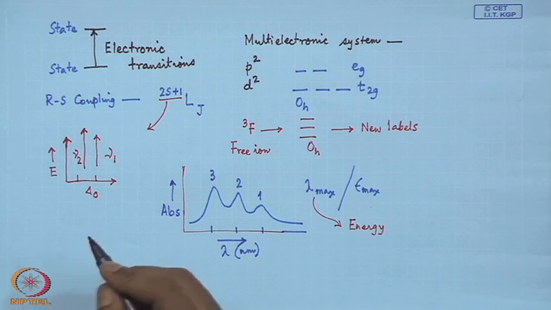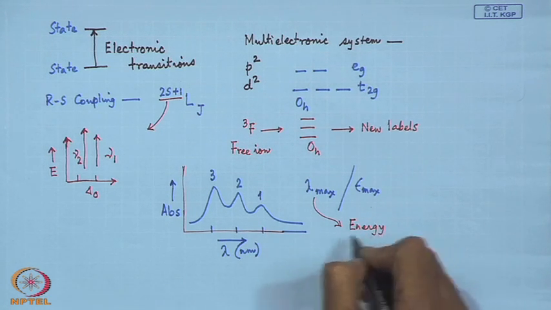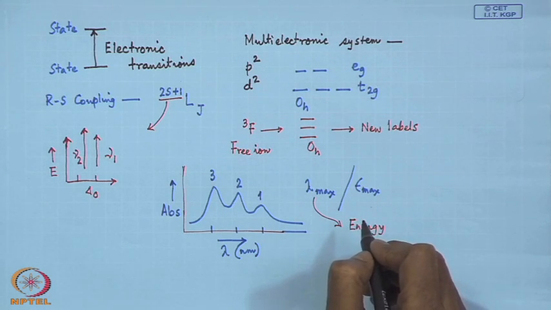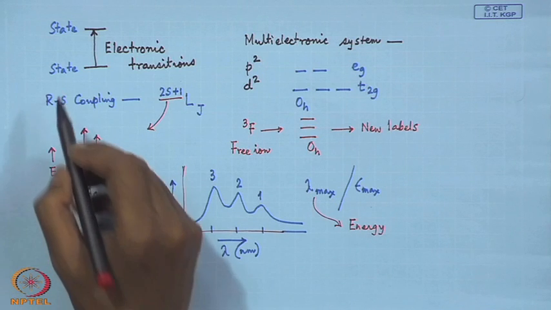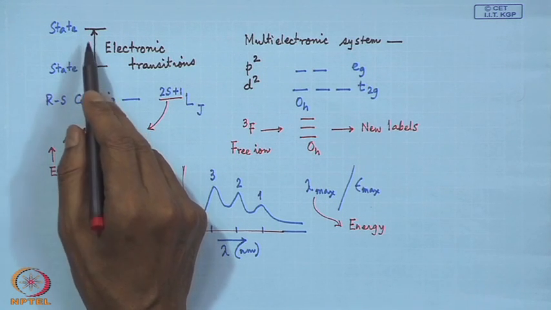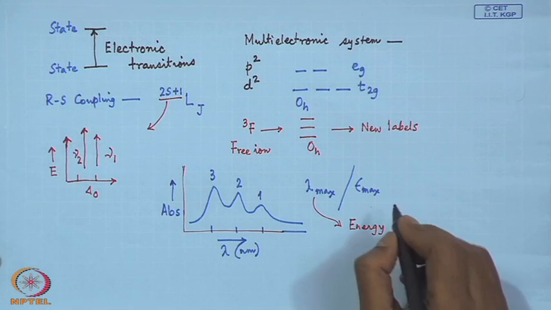And since Orgel diagrams are not very quantitative, we cannot precisely calculate the energy values, but the only thing that we can predict from there is which states or electronic term symbols are involved for the metal complexes for a particular type of transition.